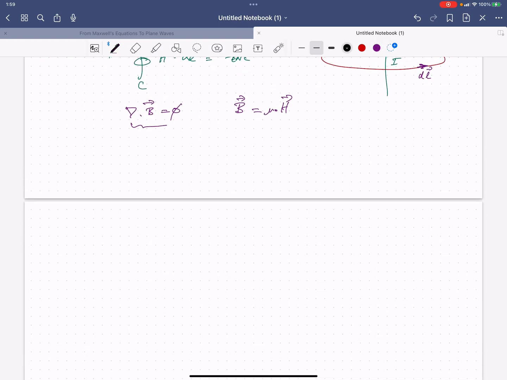So if you have a magnetostatic situation, you have a couple of options to calculate the magnetic field.